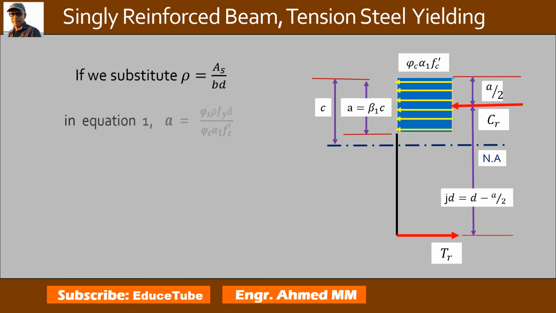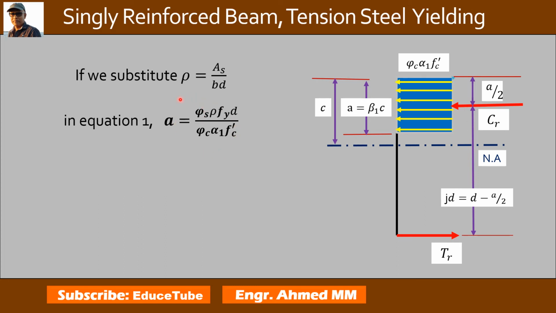Here is another important thing. In our equation for stress block depth, here it was As, but I am substituting this with the equation rho equals As by bd. So As equals rho bd. I put here rho bd, and b also in the denominator. So b and b are gone.